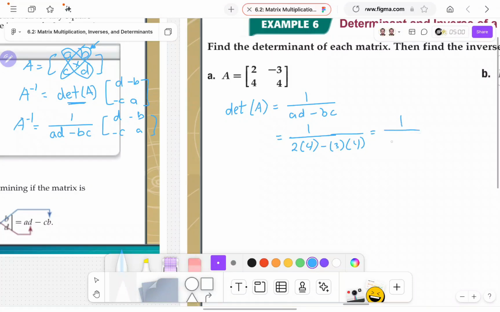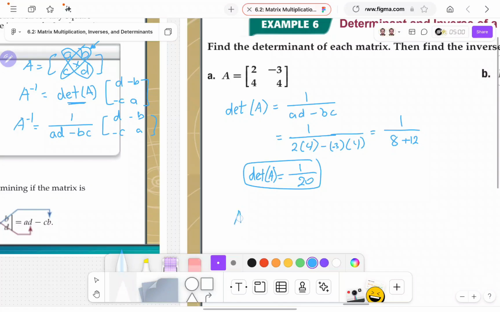You will get 1 over 2 times 4, which is 8, minus -3 times 4, which is -12, so it will be plus 12. So the answer here is 1 over 8 plus 12, which is 20. So det A, or determinant A, is equal to 1 over 20.